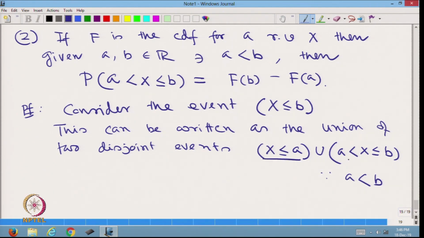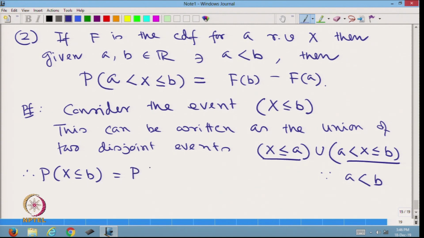Now, since these two events are disjoint, therefore, probability X less than equal to b can be written as the sum of these two individual events.